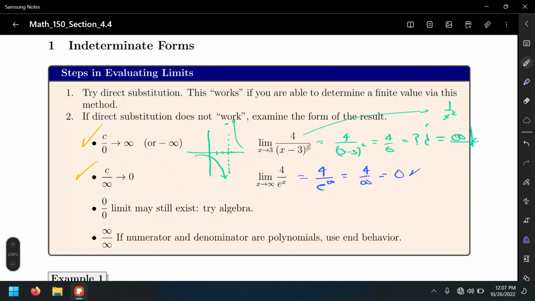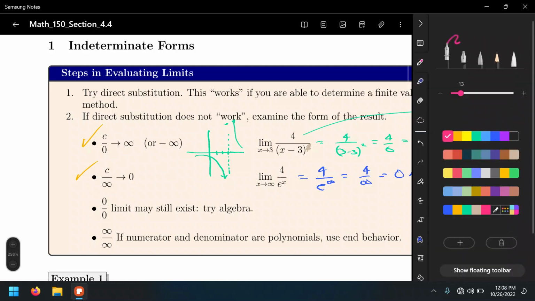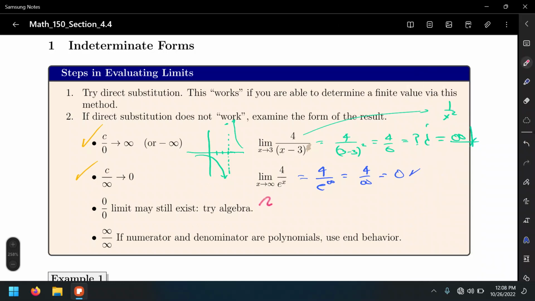And here is where we get into the indeterminate form. One of them is 0 over 0. And whenever you get a 0 over 0, that's great, because that means you can try any algebraic technique that you can possibly think of. Number one, let's list them. Number one, factoring.